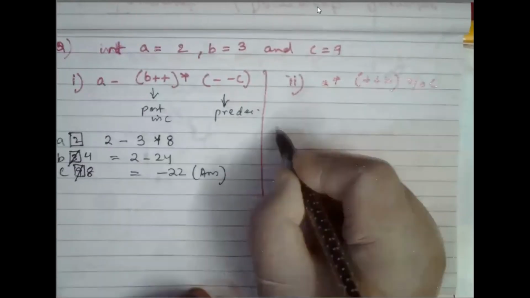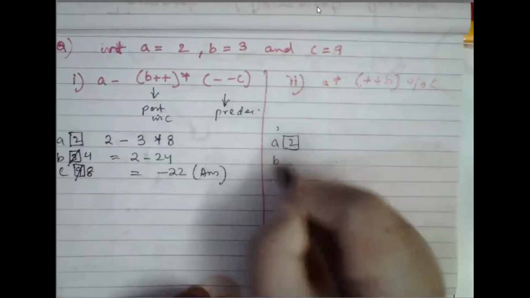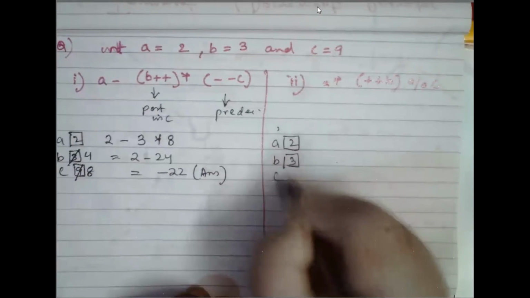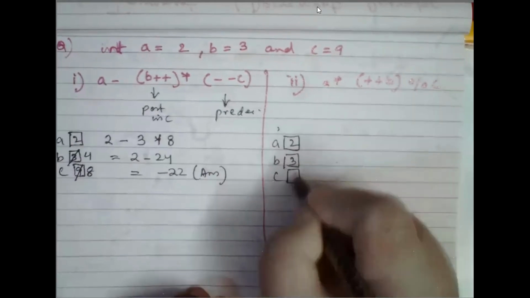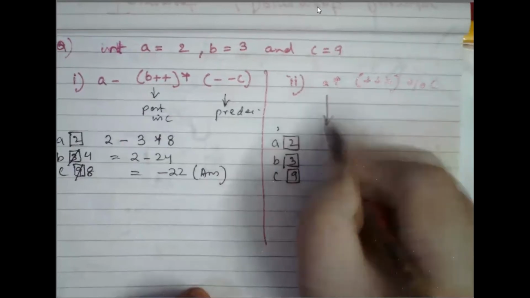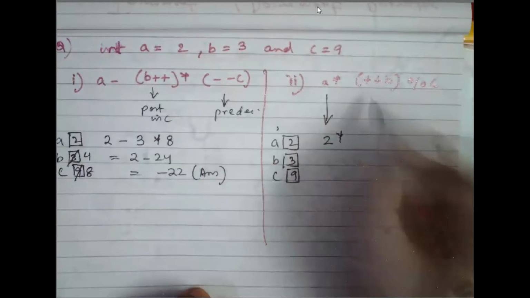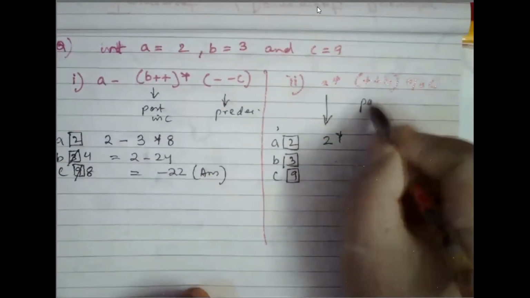On the other side, same thing. I again write A's value is 2, B's value is 3, C's value is 9. So A's value comes down as it is, that is 2 into. Now this is a case of pre-increment.